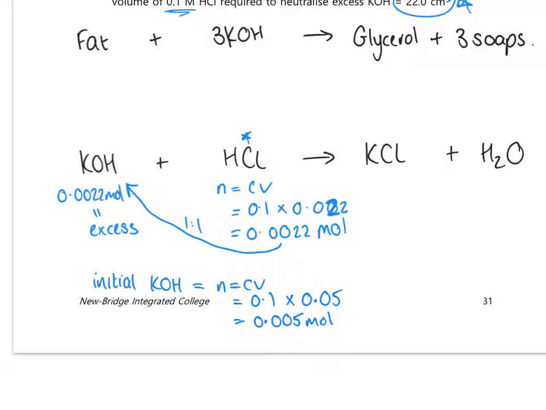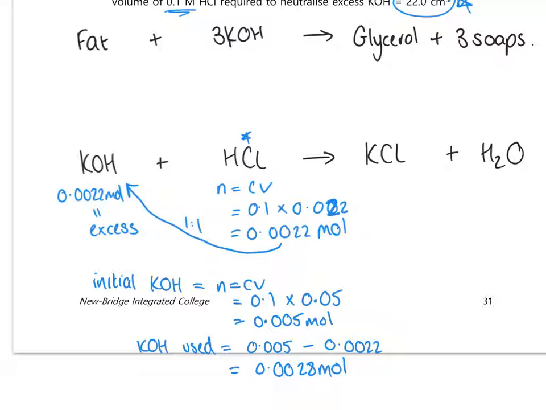So how do I work out how much KOH was used? That's 0.005, which is how much I started with, minus the 0.0022 moles of excess, and that gives me 0.0028 moles.